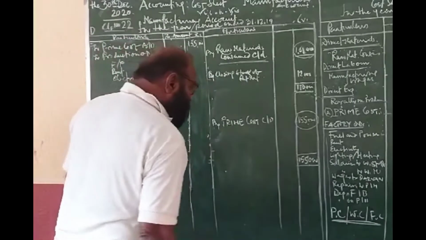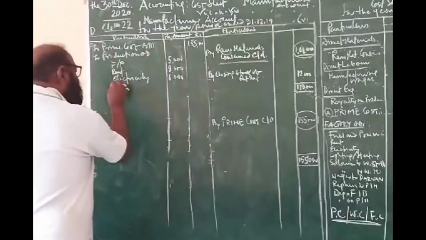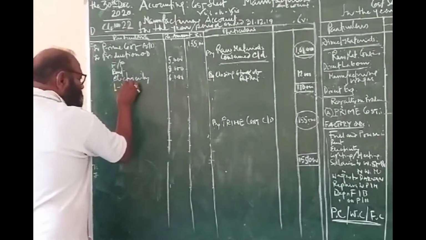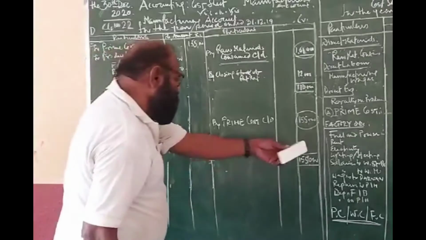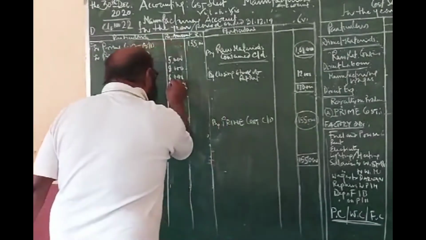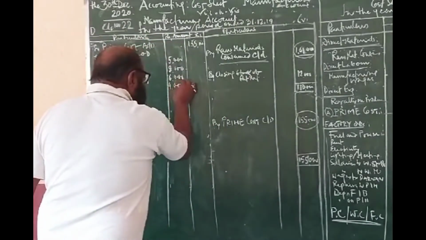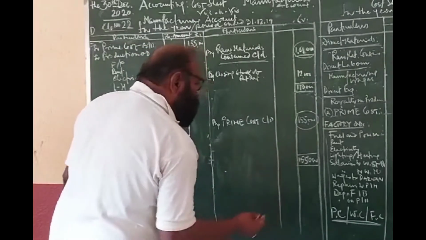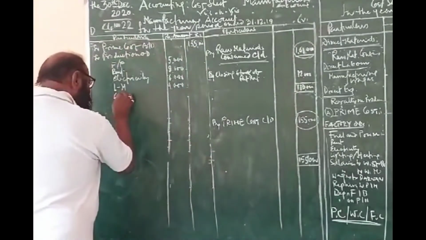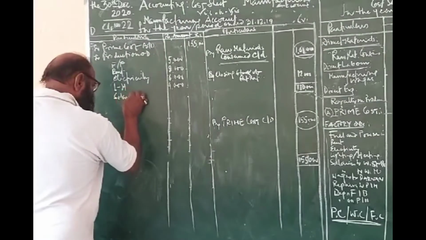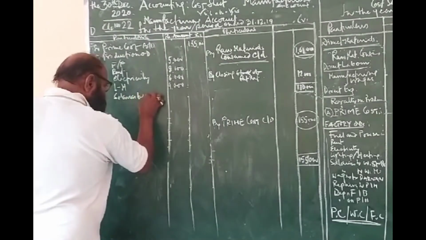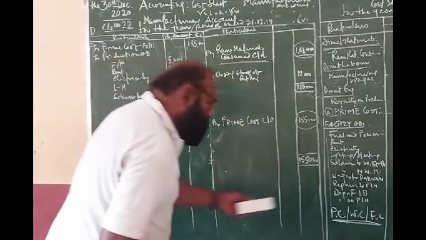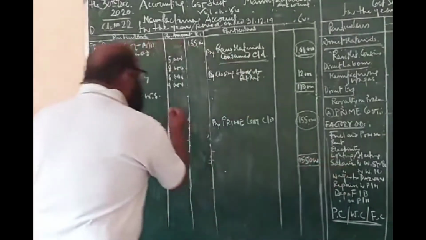Electricity 6,000. Lighting and heating, I am writing L and H. Lighting and heating, how much? 4,000. Salaries to works staff, how much is it? It is 15,000.